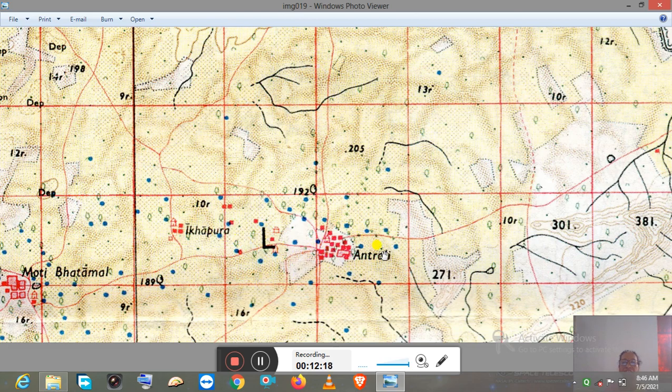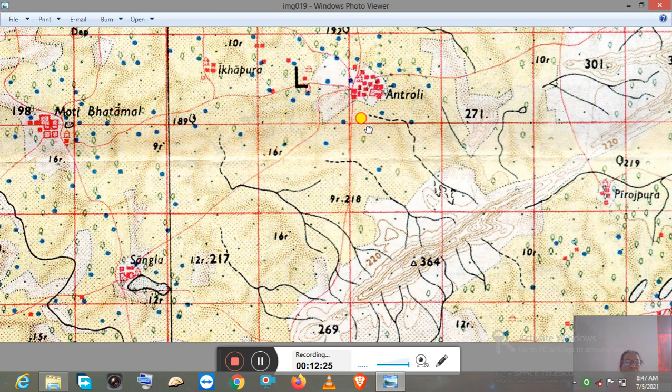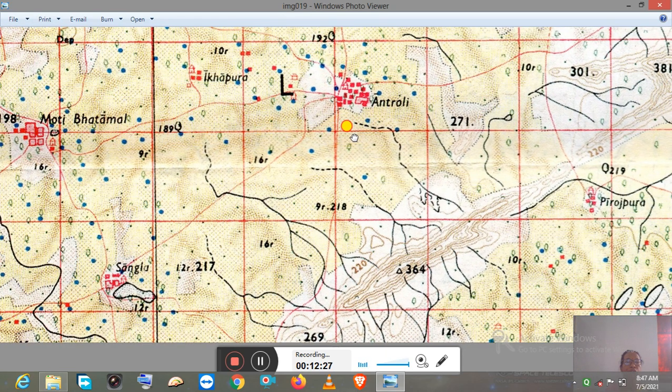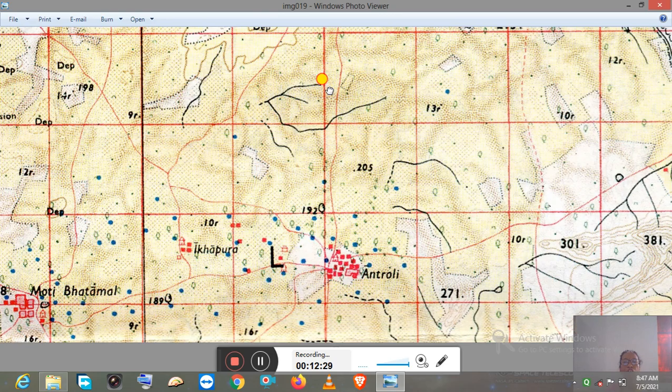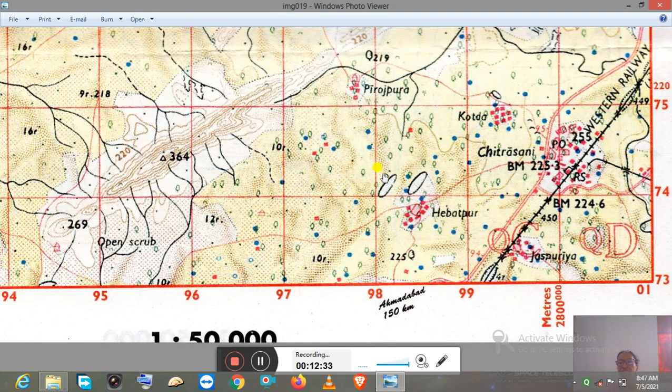If there are some other features which you have learned, those are also shown at different places. In this, BM 224.6 you have studied. What does it show?